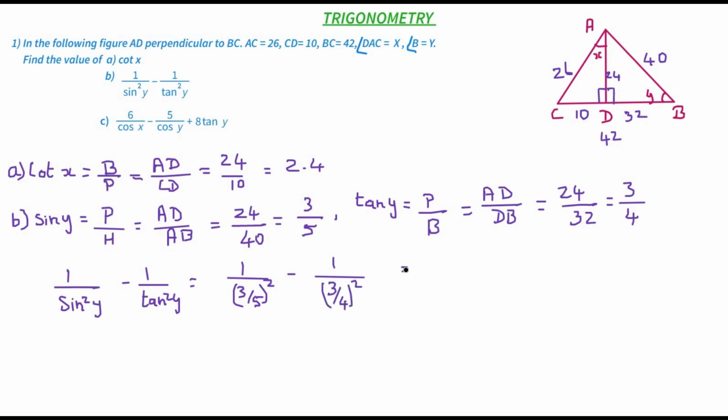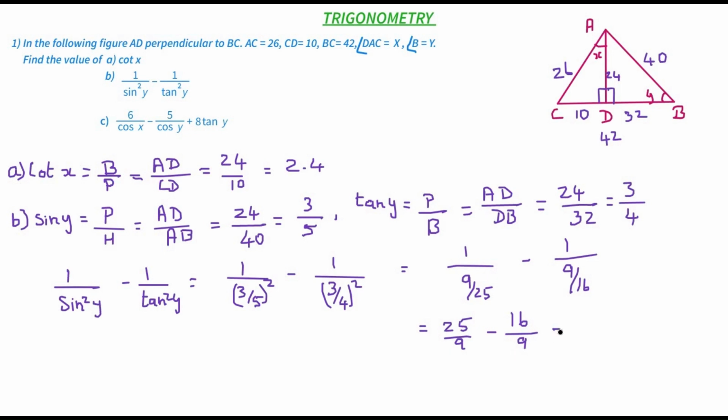Now let's square the denominator. So we would get it as 1 by 9 by 25 minus 1 by 9 by 16. So whenever we have the fraction in the denominator, we will reciprocate it. So when you reciprocate it, we get it as 25 by 9 minus 16 by 9. And now these are like fractions. We have the same denominator.